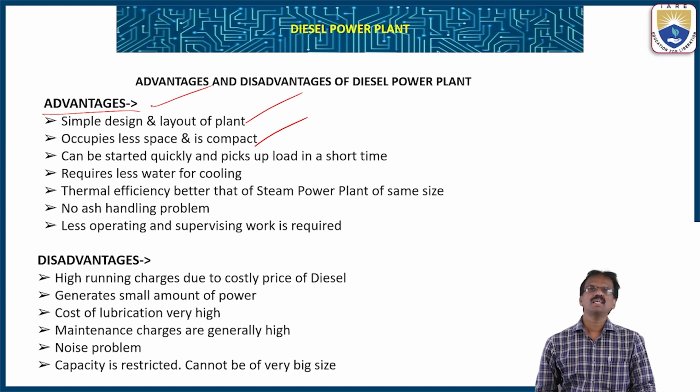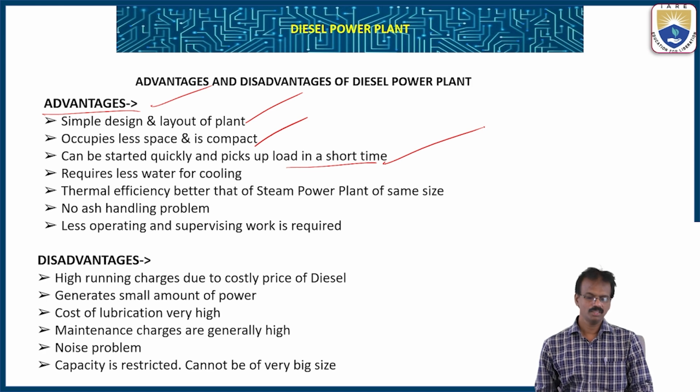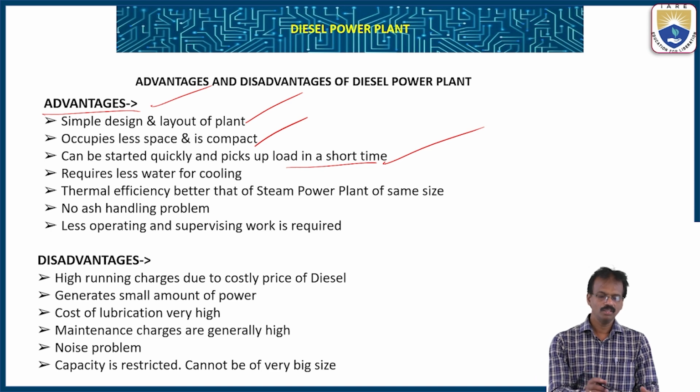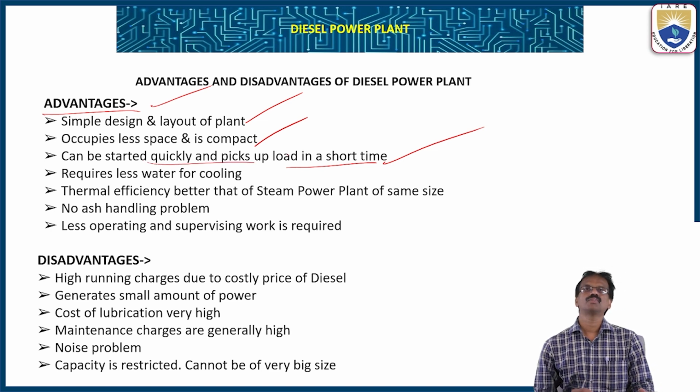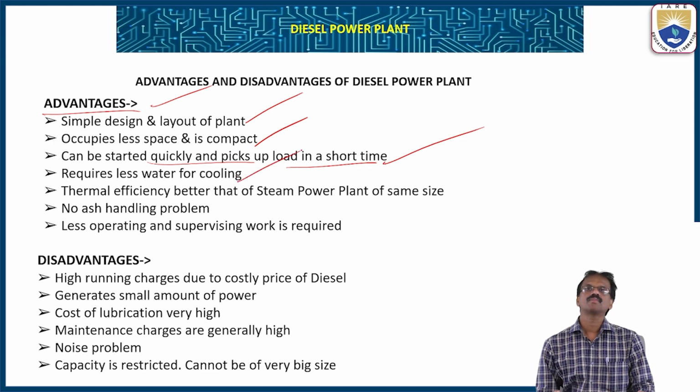And it can be started quickly and pick up load in short time. There is no starting problem. So it can be started very quickly, and requires less water for cooling.